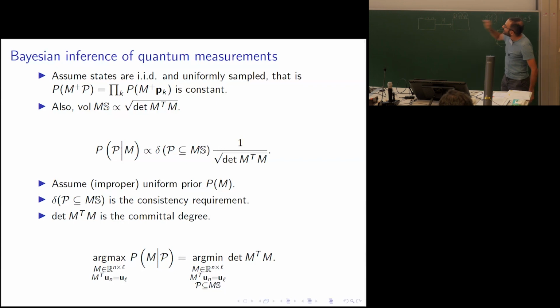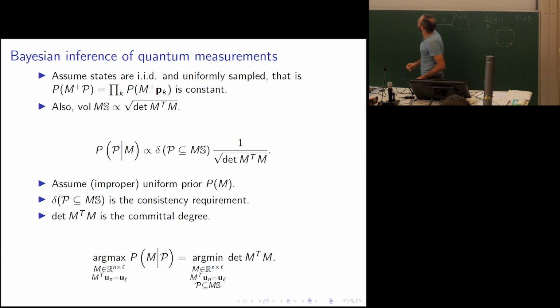This is, technically speaking, improper because the set of measurements is not bounded, because I relaxed the positivity constraint. But anyway, we take the uniform prior, which also means the likelihood coincides with the posterior, a la Bayes.